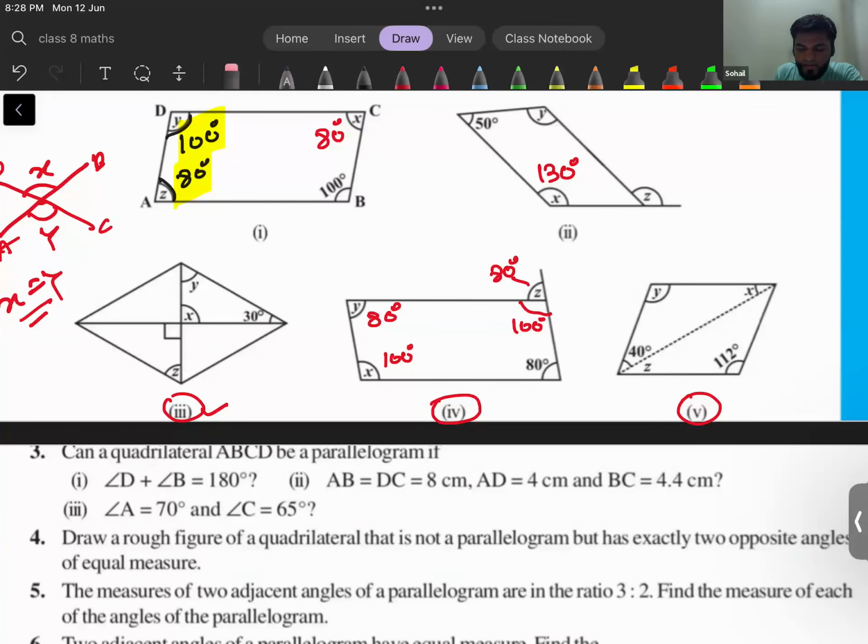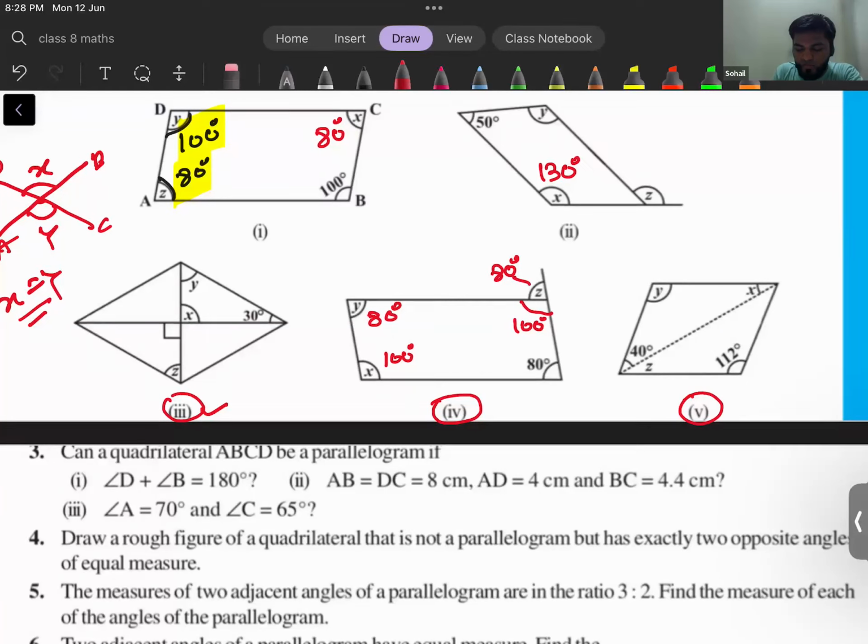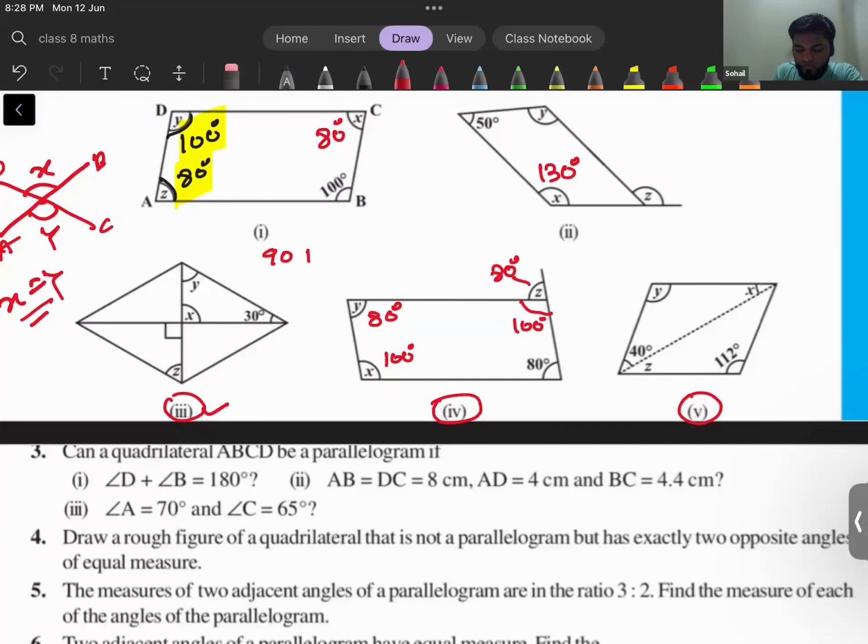Ahmed, you tried. No, look, this is 90 degree here, plus this 30 degree, plus Y. It should be equal to 180 degree, no? So that is 120 plus Y equals 180. Hence, the value of Y is how much here?